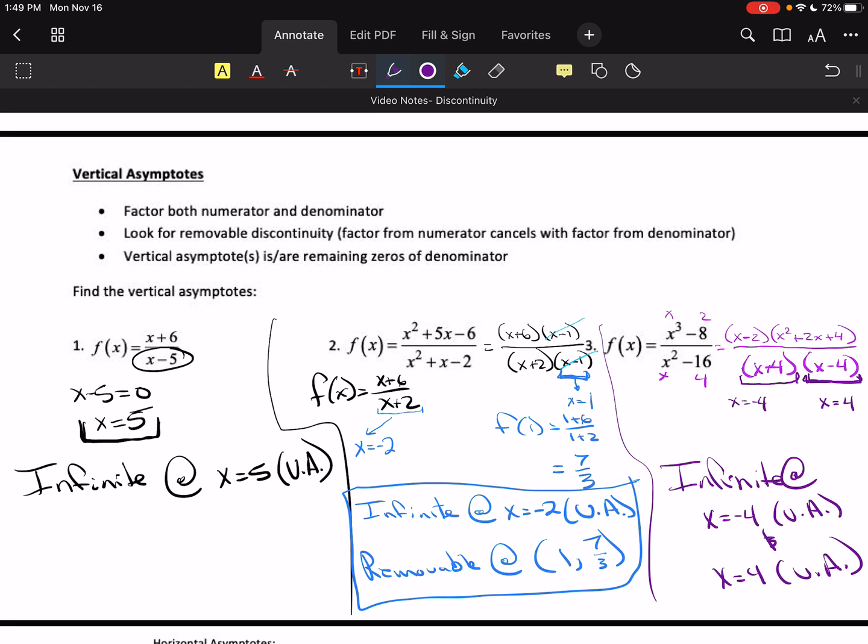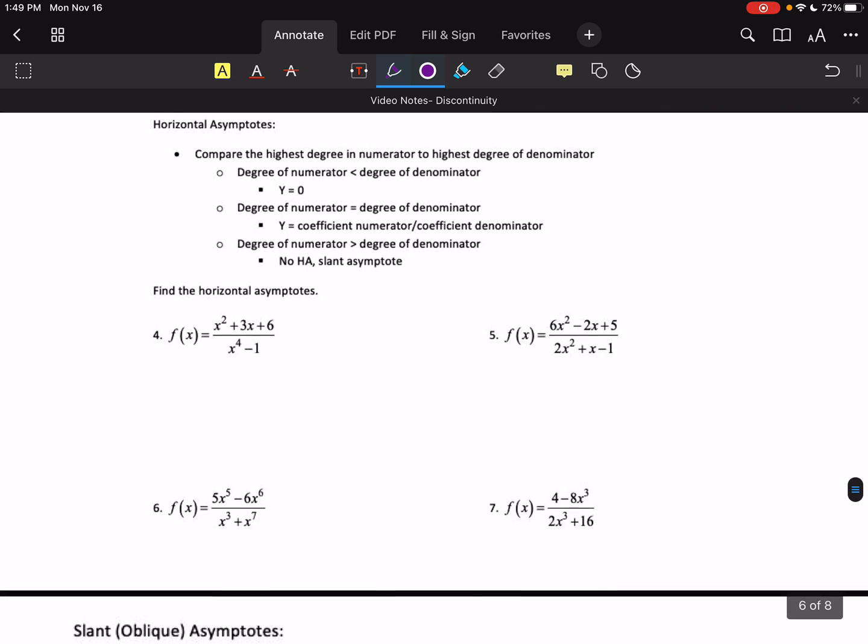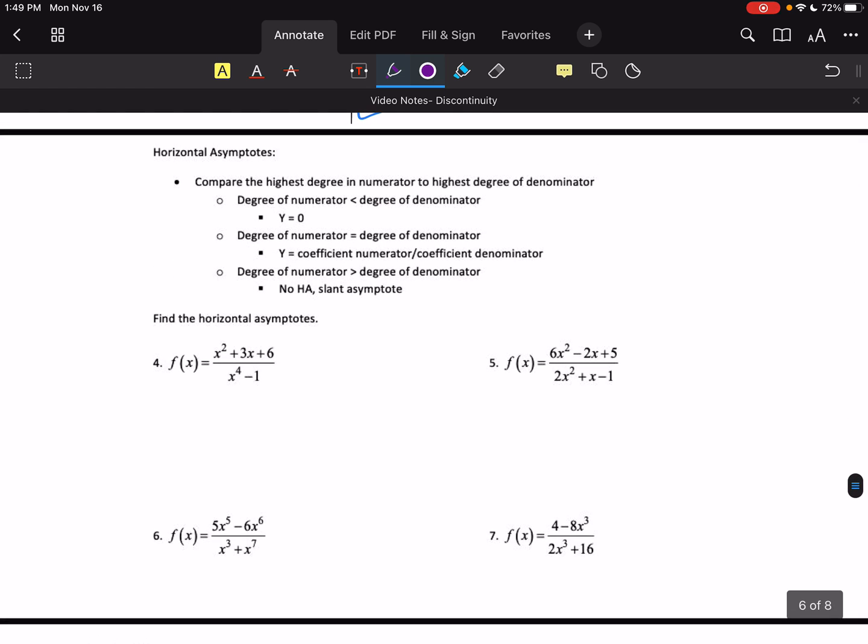Now let's look at horizontal asymptotes. They have these three rules. What we're going to look at is the degree on the top and the bottom. My largest exponent on the top, compare it to the largest exponent on the bottom.